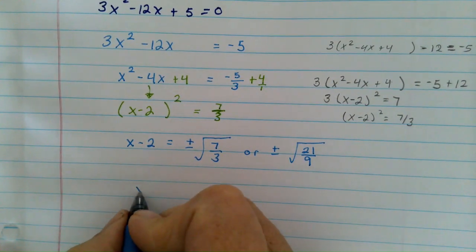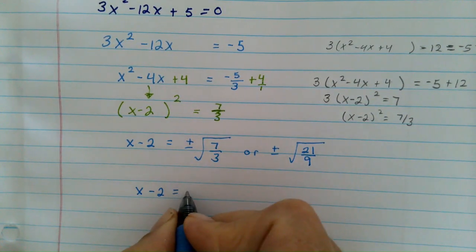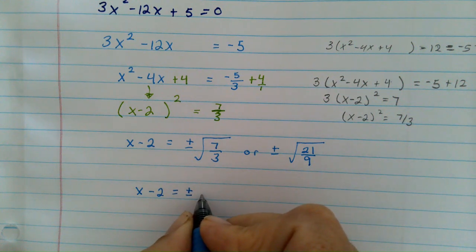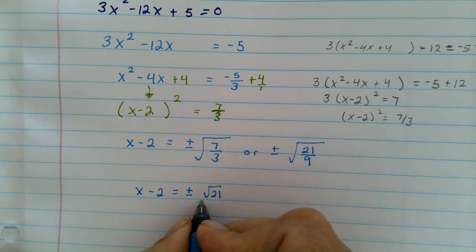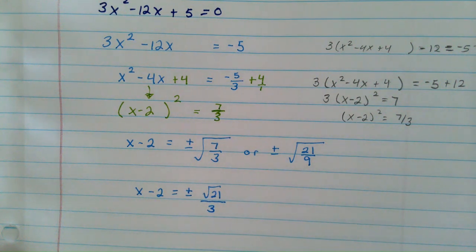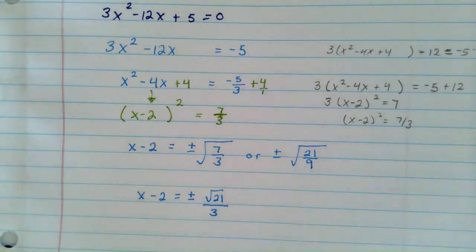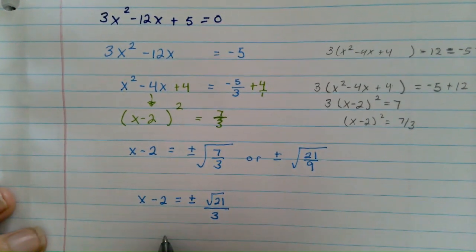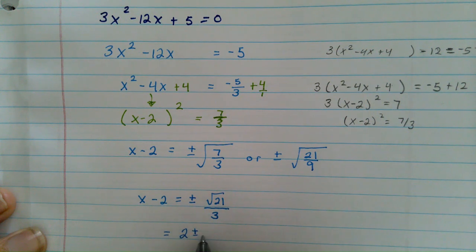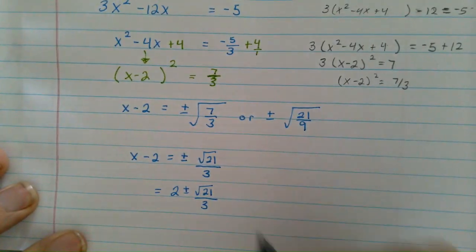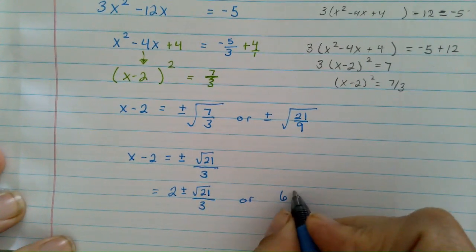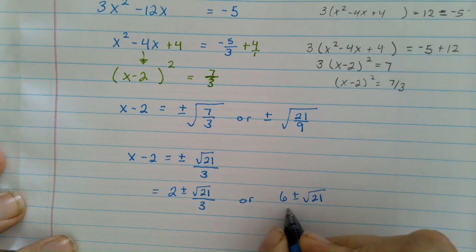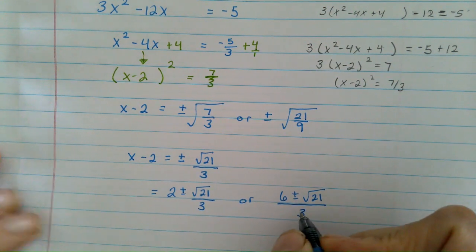So now when I reduce this, I get x minus 2 equals plus or minus square root of 21 over the common denominator of 3. And then I'm going to add 2 to the other side. If you want to give it all a common denominator, you could write 6 plus or minus the square root of 21 all over 3, but you don't have to.